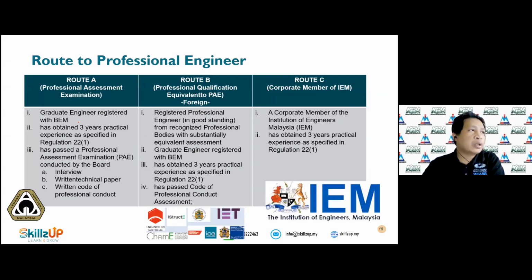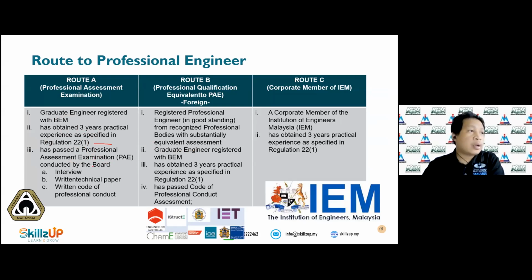For Route A, you need to register with the Board of Engineers as a graduate engineer, having 3 years of practical experience. This is the prerequisite. Then you go for the PAE, the professional assessment examination.